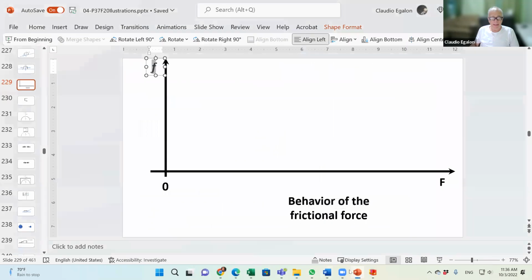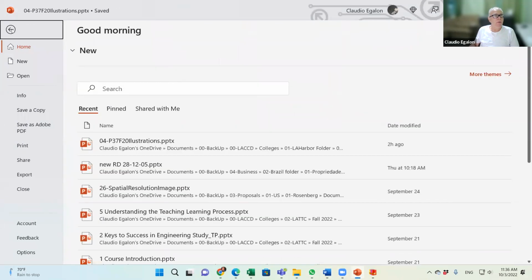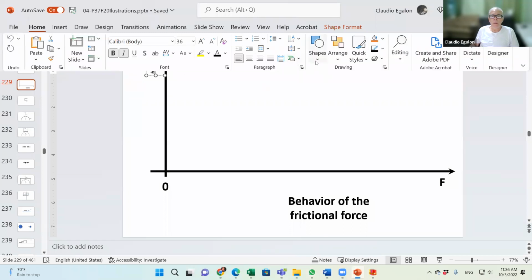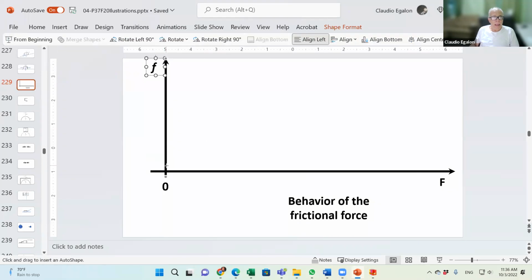So it's going to be something like that, you know. I start with an applied force equal to 0. And little by little, I keep on increasing this applied force. And the object is still at rest.